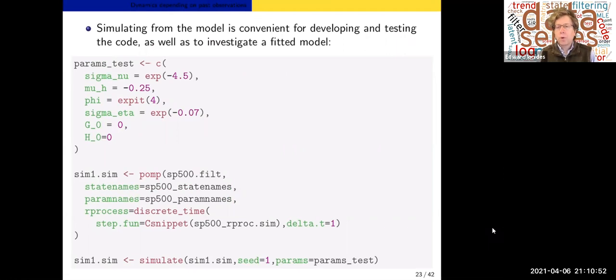Now, when you want to develop an analysis for the likelihood, you don't need to simulate from the model, right? You only need to filter from it, but it's really good to check that you can simulate too, because that provides a good way to test your code.